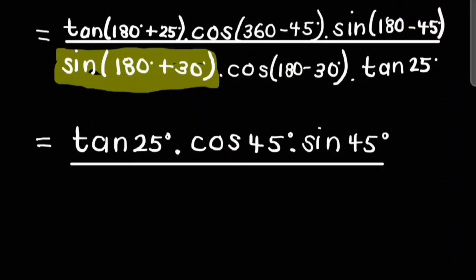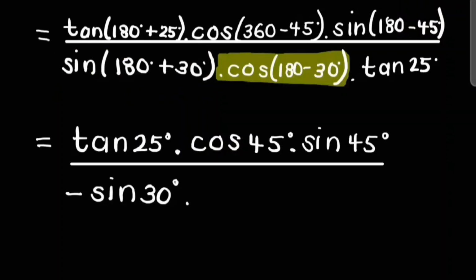We're now on to the denominator. We have sine of 180 plus 30 degrees. 180 plus is in the third quadrant where sine is negative, so this becomes negative sine 30. Next, we have cos of 180 minus 30 degrees. 180 minus is in the second quadrant where cos is negative.